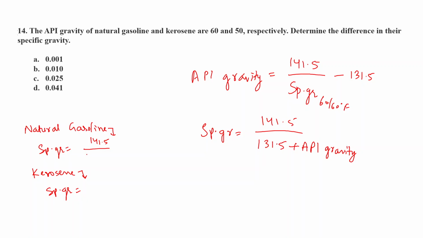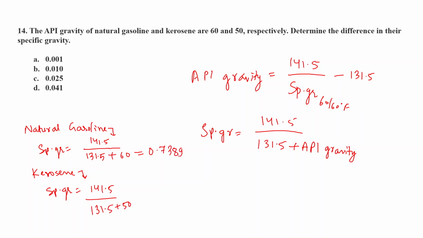Ma'am, is it option D? Okay, now let me solve and tell you. Basically, it is 131.5 upon 3. What is the specific gravity for natural gasoline coming? 0.738, ma'am.